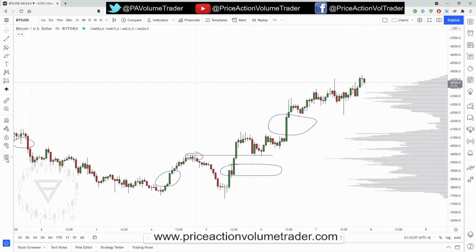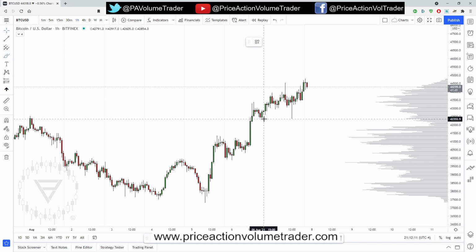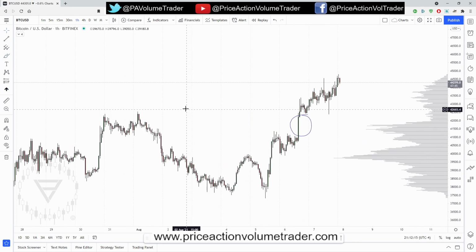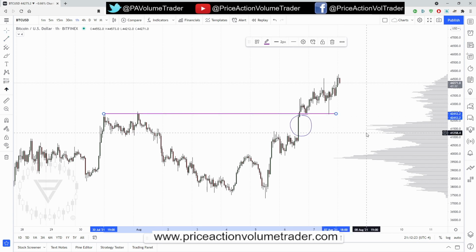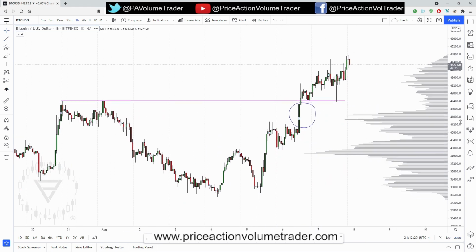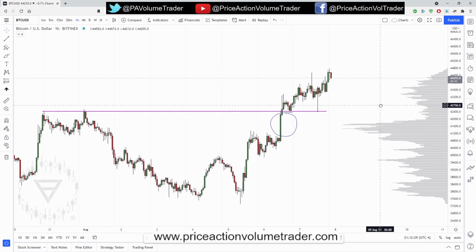In this case, if I'm here, obviously my first target will be here. You can see here we already tested this level right here. So this was a very clear resistance, switched to support here.